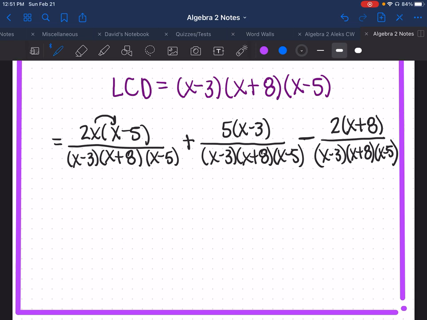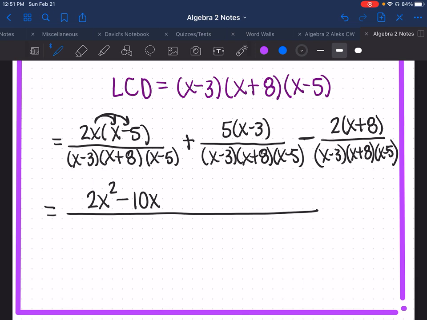All right, let's go ahead and distribute. So we're going to distribute and distribute. All one big long denominator. So 2x times x is 2x squared, minus 2x times 5, 10x. We're going to go ahead and distribute here, and we don't have to really worry. Plus 5x minus 15. We're not worrying because we are adding. Now we need to be a little bit careful here.